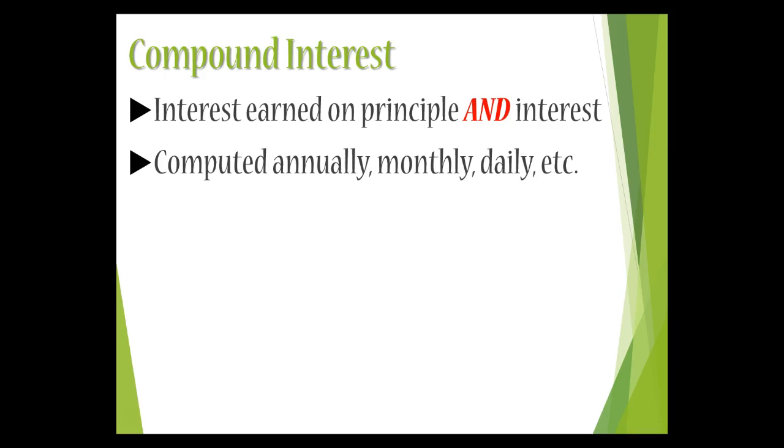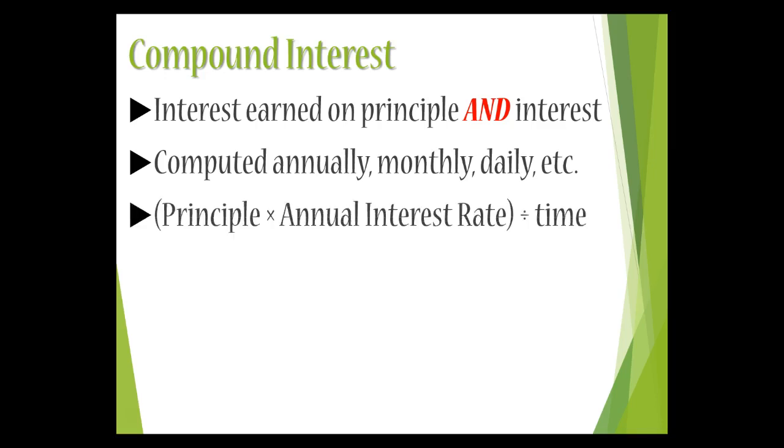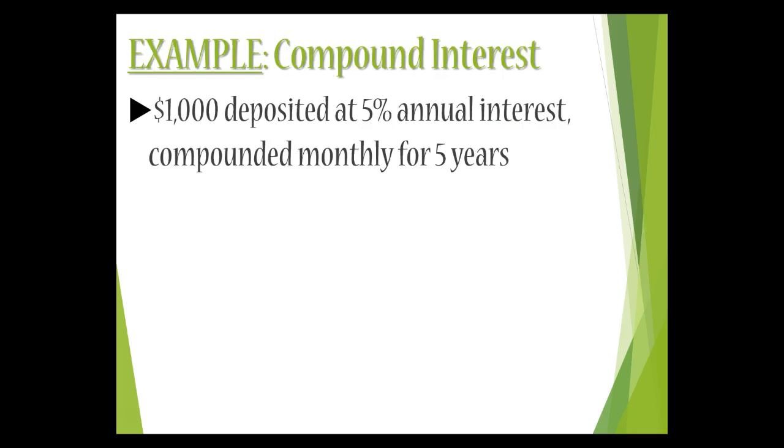When there's compounding, we can determine whether or not the interest is being compounded annually or monthly or daily, all of which will have an impact on how much we are able to earn. Mathematically, it's principal times annual interest rate divided by the number of compounding periods in a year.